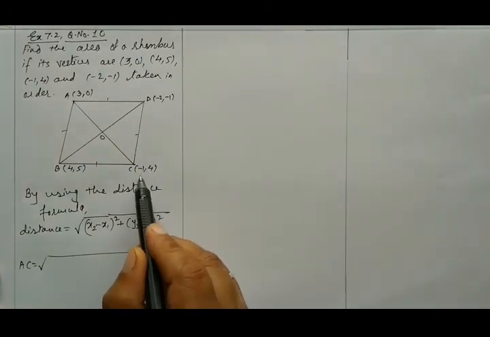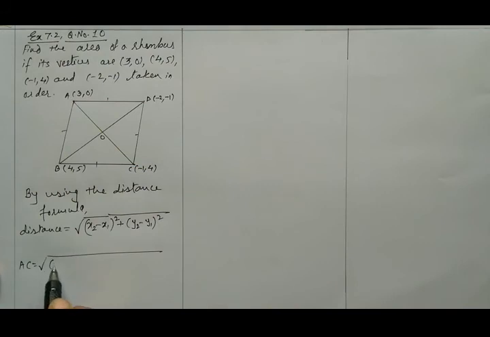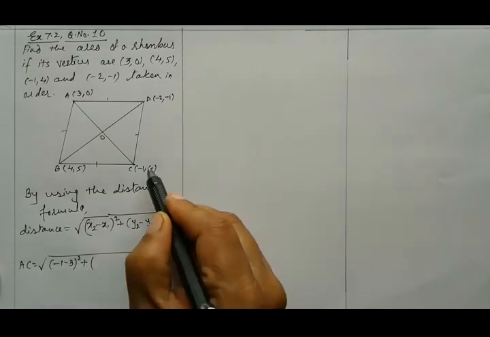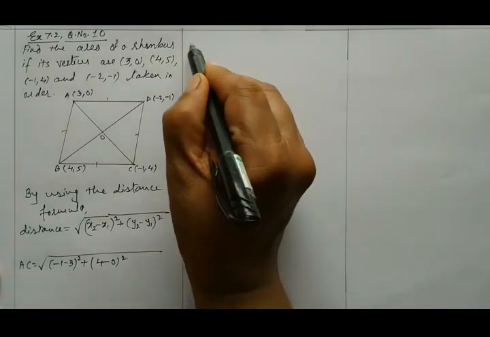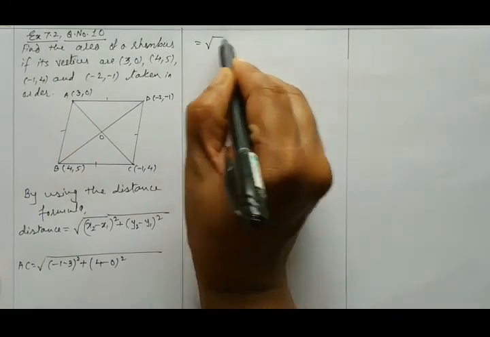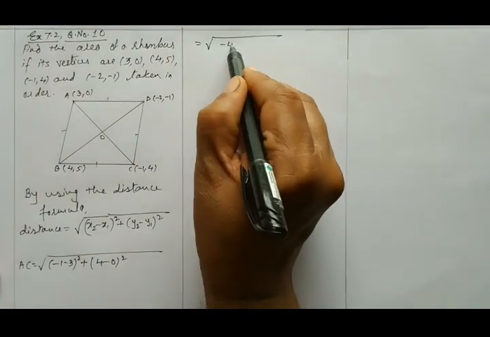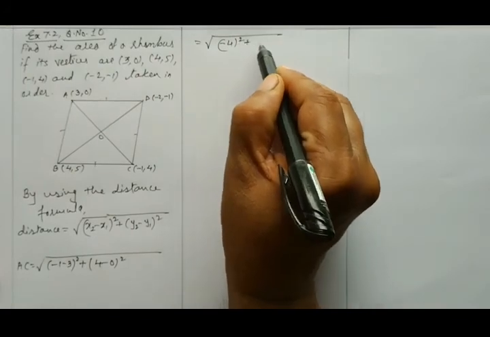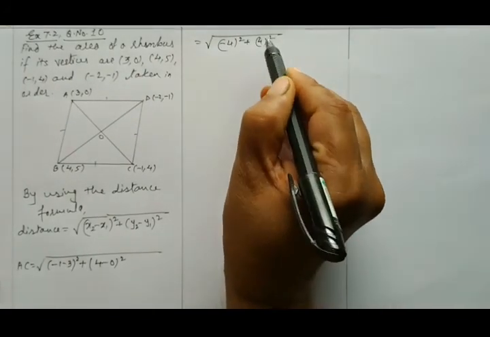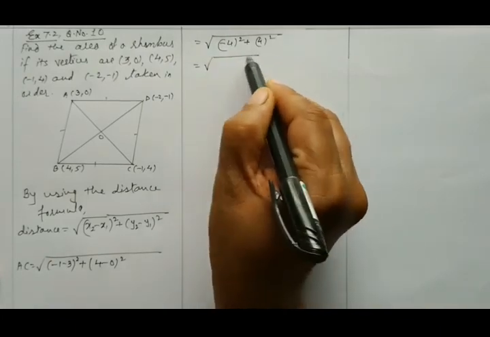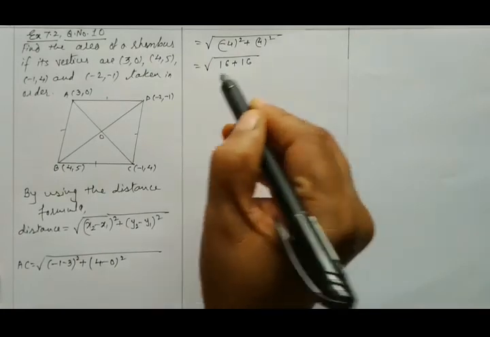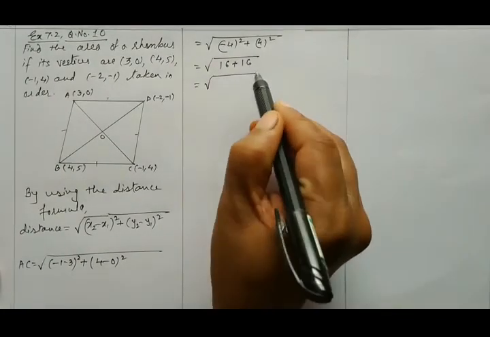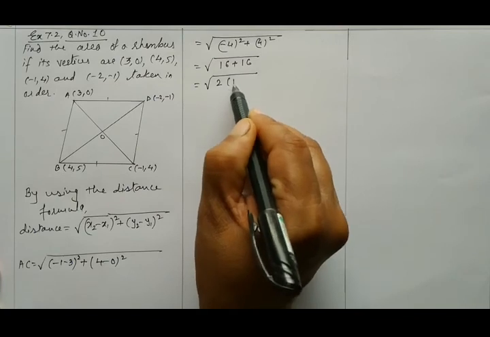So (-1 minus 3) whole square plus (4 minus 0) whole square, which is under root (-4) square plus 4 square. So 16 plus 16, that is 2 times 16, so we write 2 into 16.